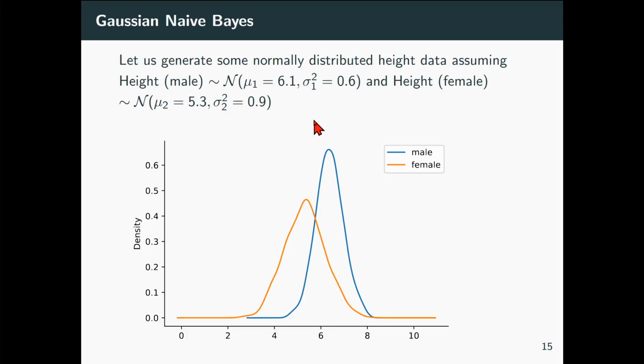You'd probably classify them to be female, given that the height of the female is a normal distribution about mean 5.3, whereas for the male it is a normal distribution about 6.1. So 5.5 is much closer to 5.3 than 6.1. Thus you would expect it to be a female.